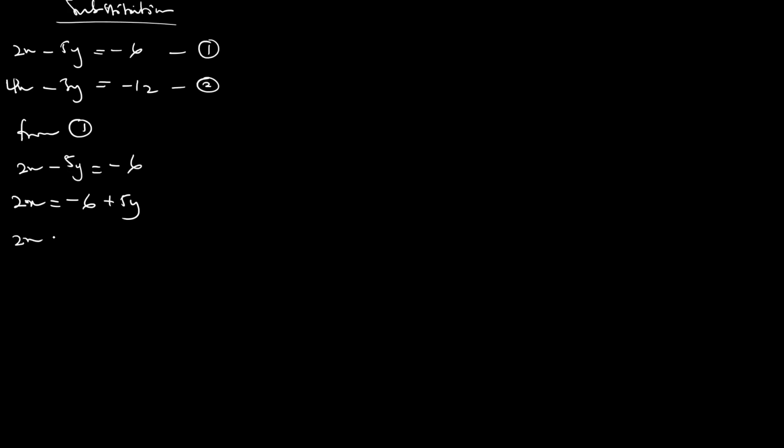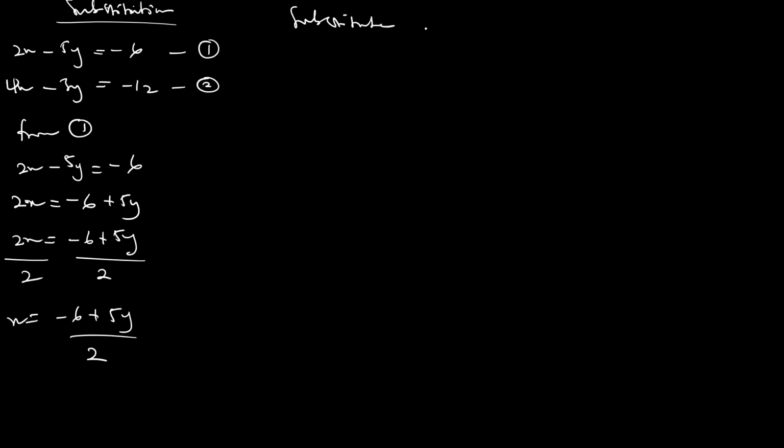Then we divide by 2, divide by 2. So we have what? x is equal to minus 6 plus 5y over 2. So we substitute the value of x into equation 2. So that's the method of substitution.